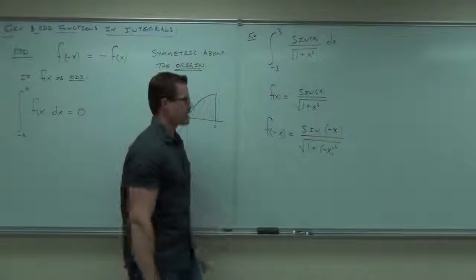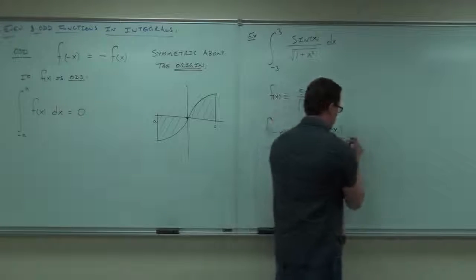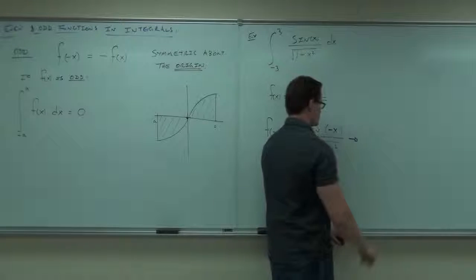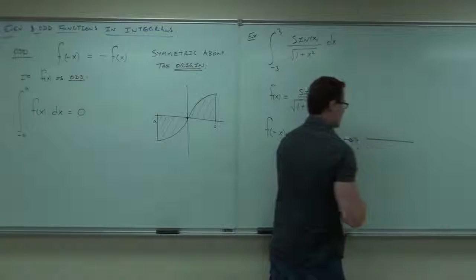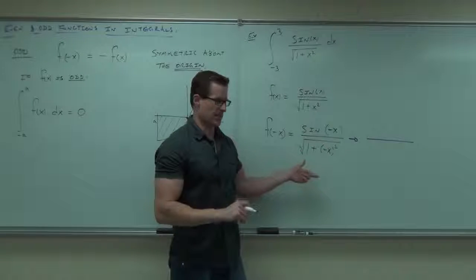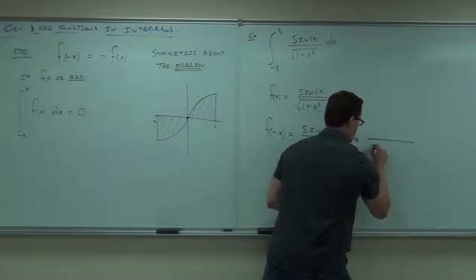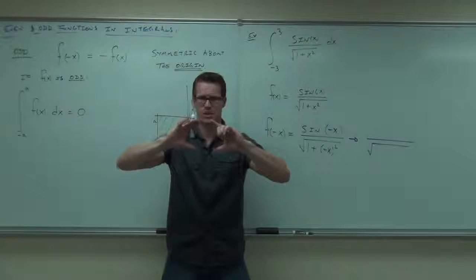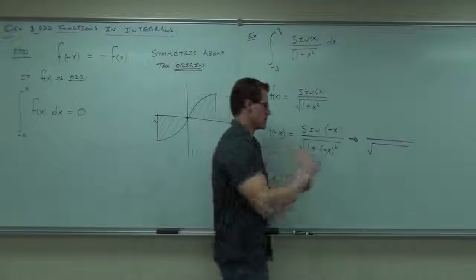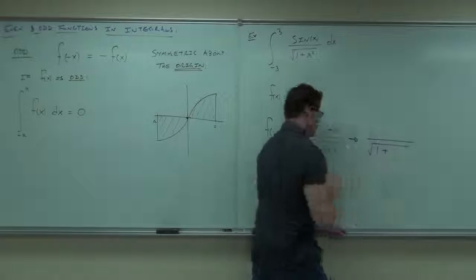So negative x, negative x. Well, if I do that, it looks bad, but it's really not that bad. Square root of 1 plus negative x squared, how much is that? Minus x squared or plus x squared?